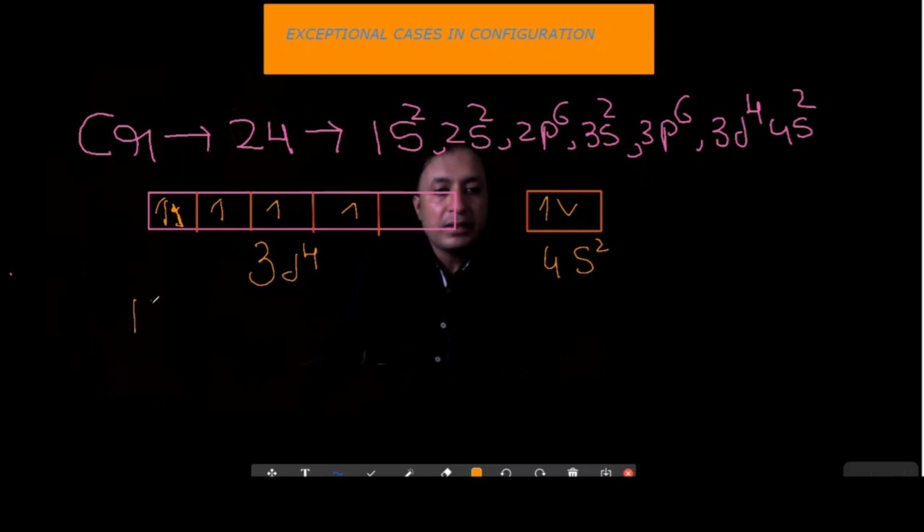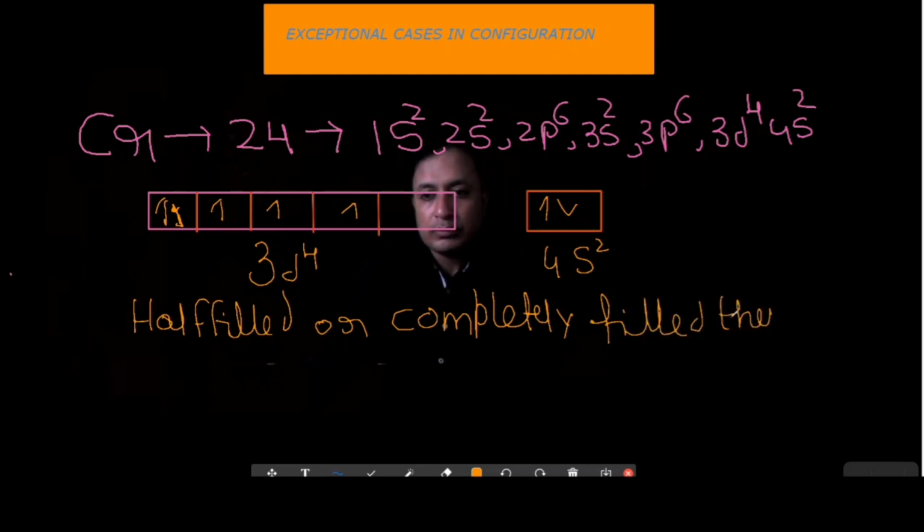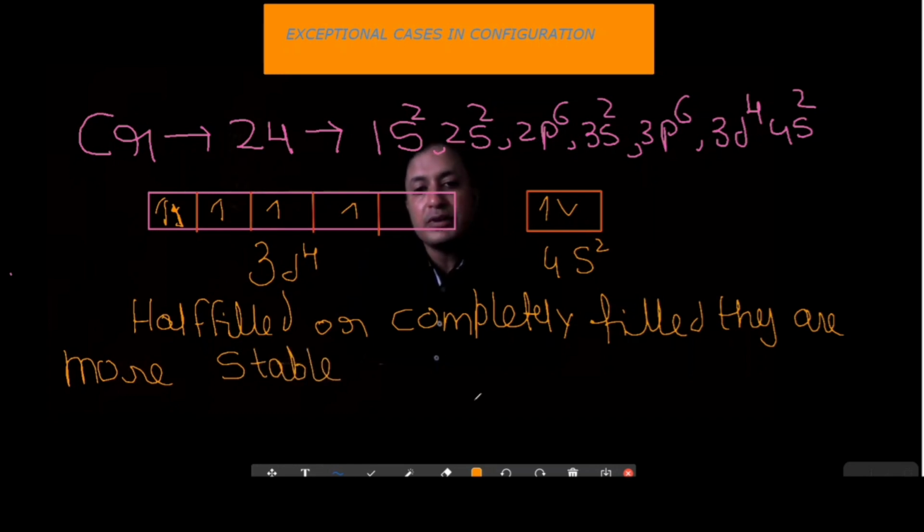It means that if the orbitals are half filled or completely filled, they are always going to be more stable as compared to the incompletely filled orbital.